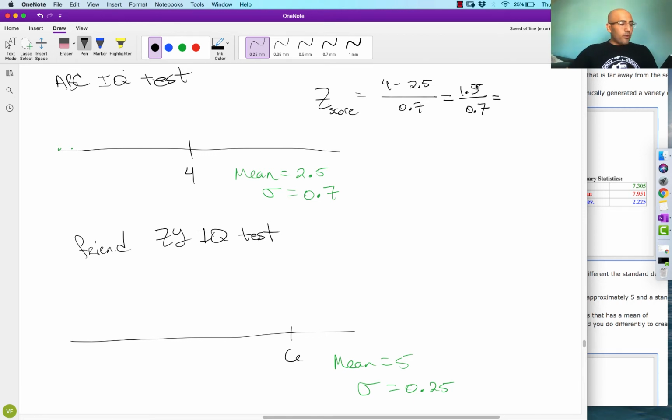We get a 2.14. So traditionally, we like to round z-scores to 2 decimal places. So let's say that this is about a 2.14.